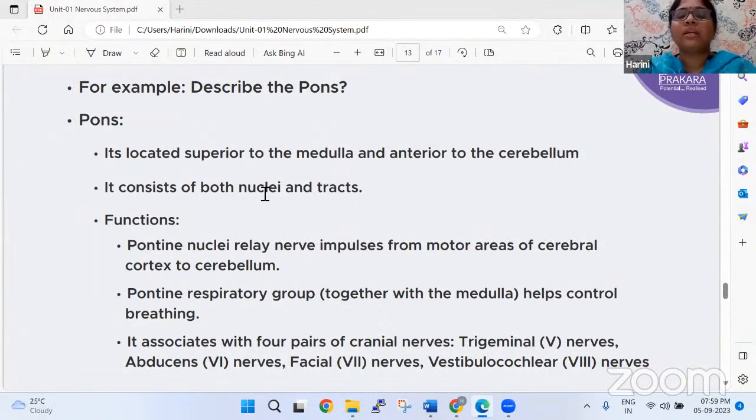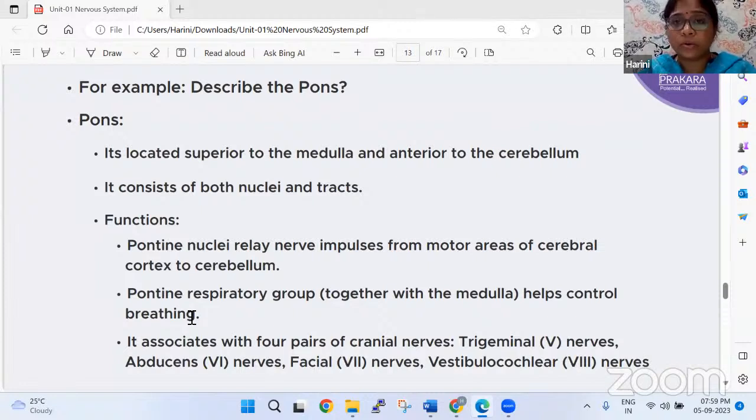It consists of both nuclei and tracts. What are the functions of the pons? It relays nerve impulses from motor areas of the cerebral cortex to the cerebellum, because the cerebellum is involved in the majority of movements. The pontine respiratory group also helps control breathing.